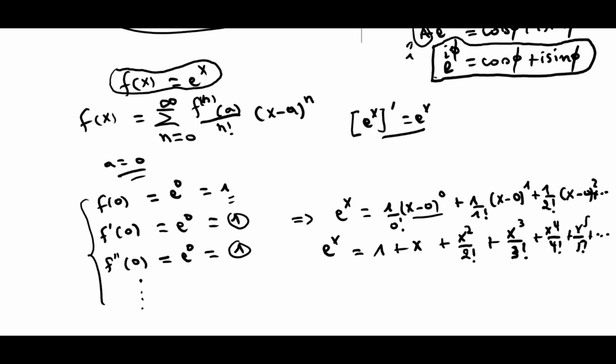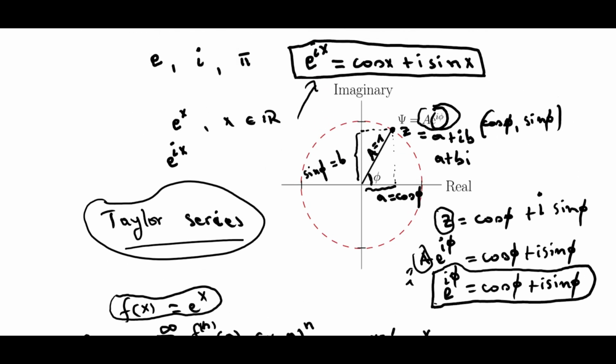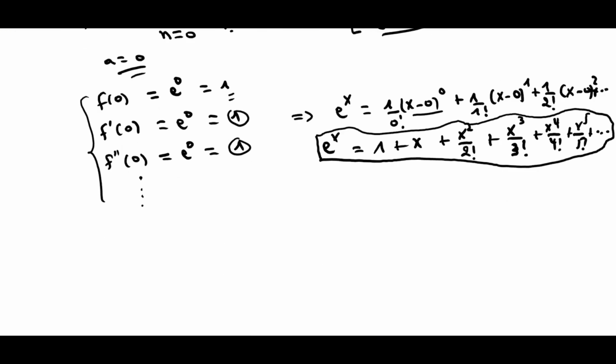This is the Maclaurin expansion of the exponential function. So if we use this Maclaurin exponential function to our function that we have in the Euler formula here, now we are going to expand this one. If we expand it using this Maclaurin expansion, what are we going to get?